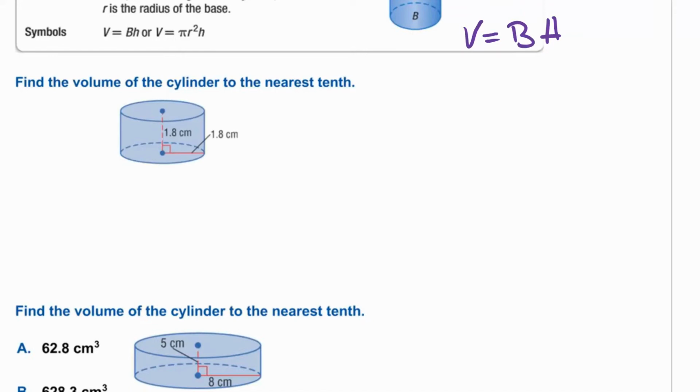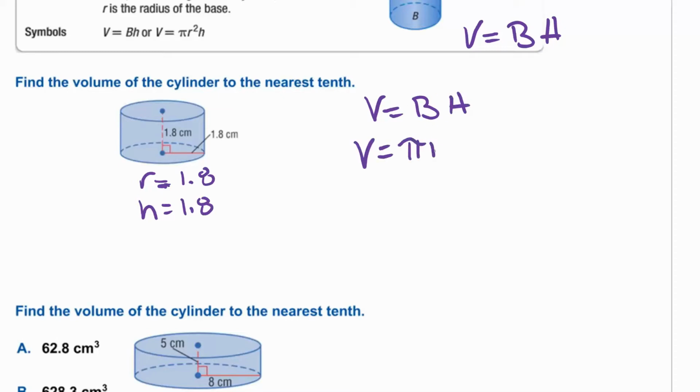Looking at the first example, we have that the radius is 1.8 centimeters and that the height is 1.8 centimeters. So volume equals base times height. The area of the base, the formula for that would be pi r squared times the height of the cylinder.